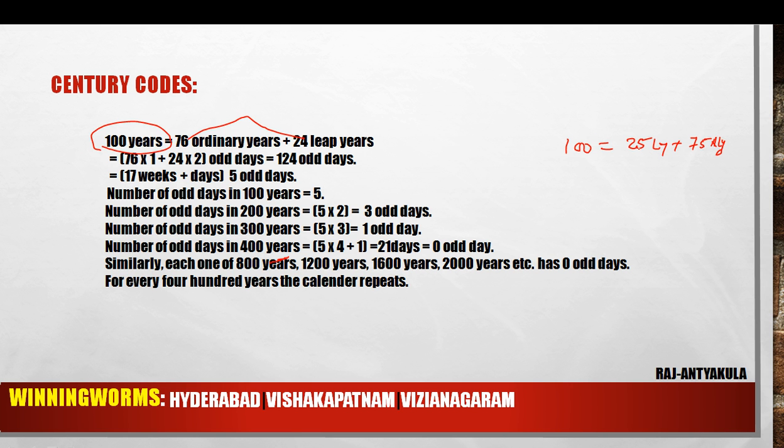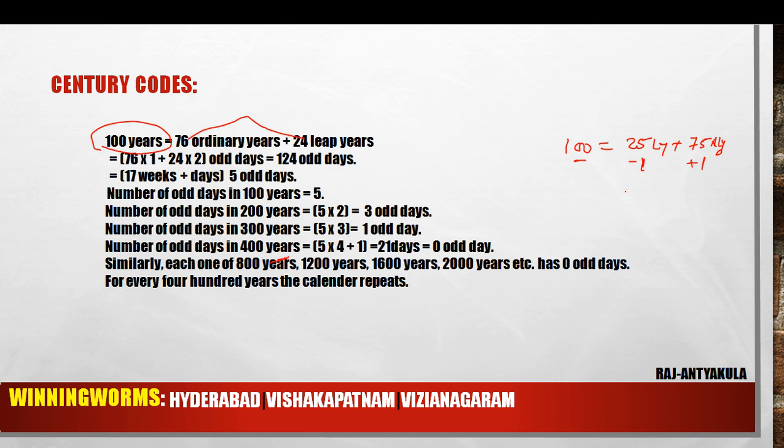Look at this carefully. Every fourth year is a leap year. So likewise 4, 8 and so on, 92, 96, 100. But 100 is a century year. For a century year to be a leap year, it must be divisible by 400. So here 100 is not a leap year. That is the reason we are deducting 1, and that 100th year is a non-leap year.